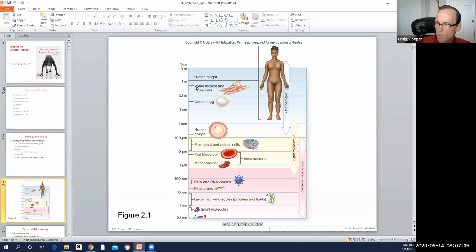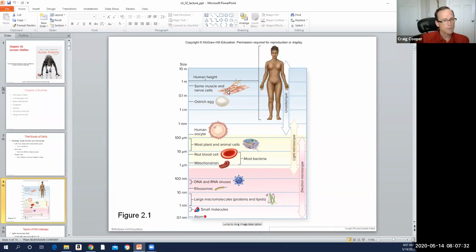But if you look right below that 1 meter mark, somewhere between 1/10 of a meter and a meter, on the upper end of that, we've got some of the muscle cells and some of our nerve cells that are actually that long. When we look at the way that we're going to activate muscle in the body, we've got a neuron up here that's going to control and send a message through a long axon that's going to go down our spinal cord.